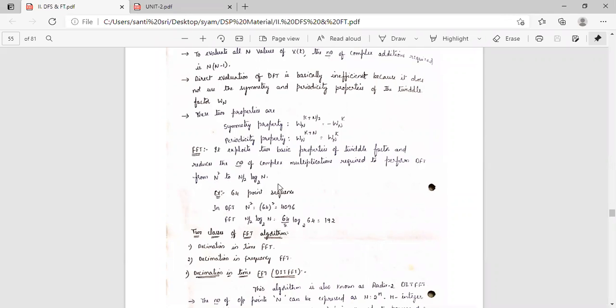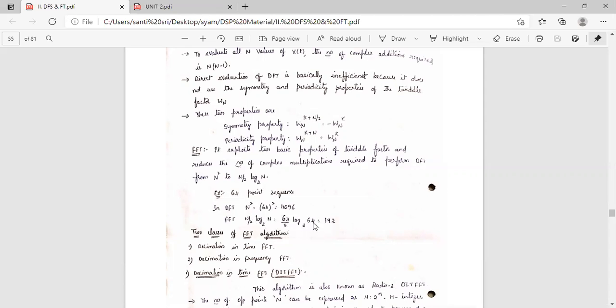Suppose, for example, N is 64, a 64 point sequence. In DFT it can be written as N square, that is 64 whole square, which is 4096. Whereas in FFT it can be written as N by 2 log N to the base 2. N is 64, so 64 by 2 log 64 to the base 2 can be evaluated as 192.